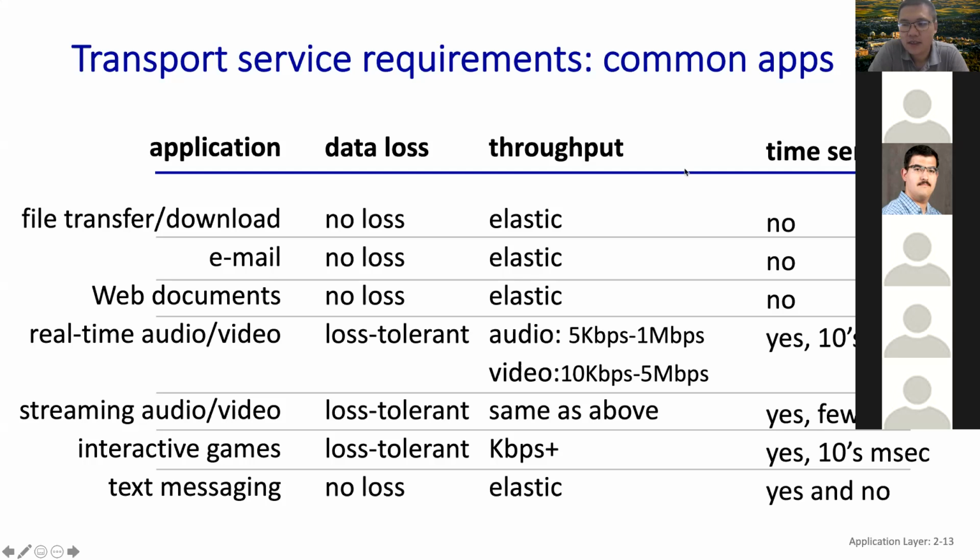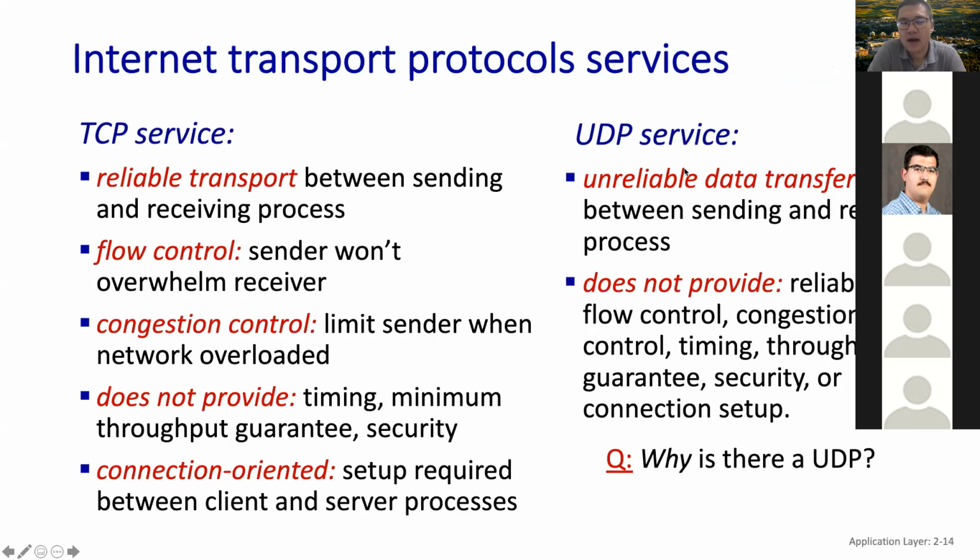Because of the different demands and requirements, we should use different kinds of transport protocols, right? Still remember, we roughly talked about TCP and UDP, right? The TCP is a reliable transport protocol, but the UDP is an unreliable data transfer protocol. So TCP has some good features.